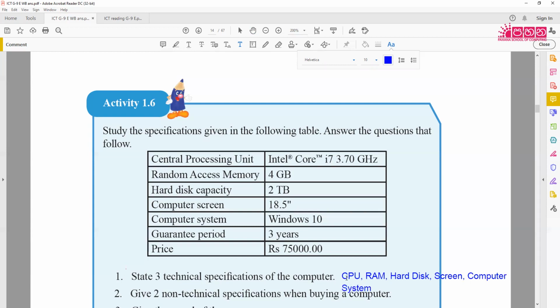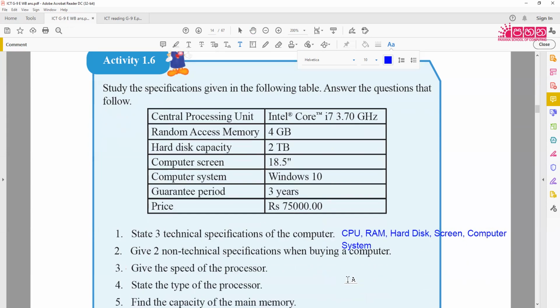All this comes as technical specifications. Now, can you tell me 2 non-technical specifications?